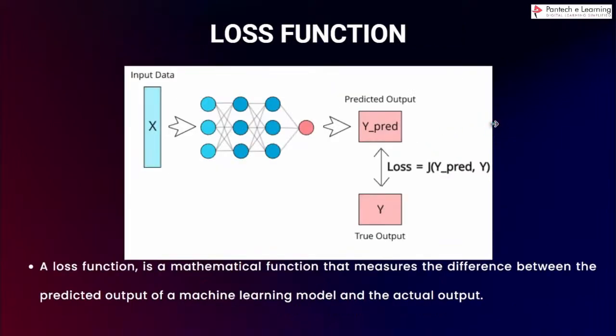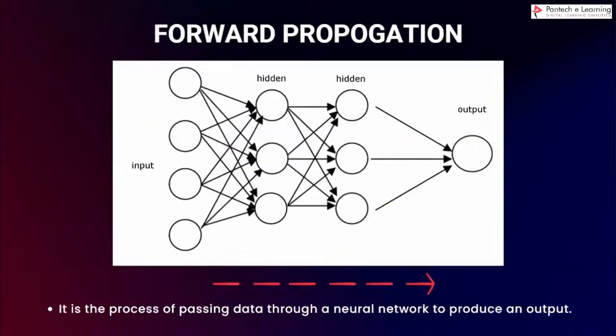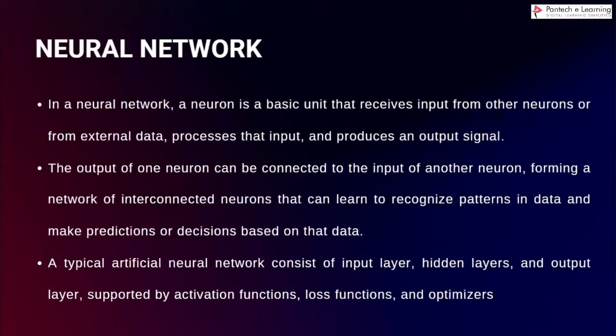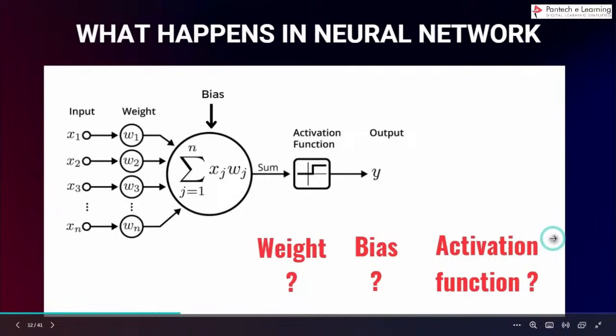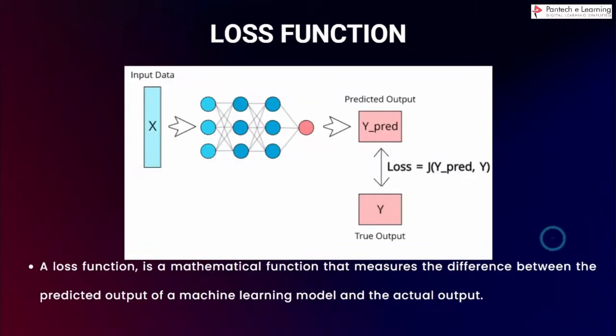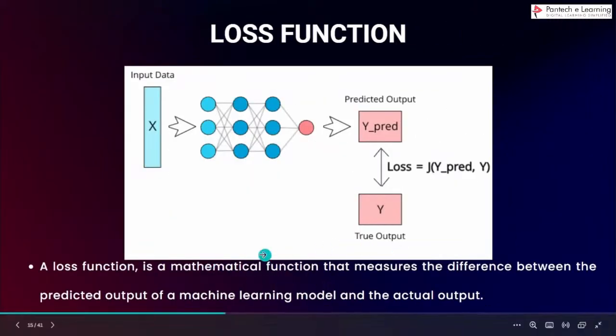And we have something known as loss function. Remember, we have seen it here. We have discussed the loss function, which is the supporting part. We have to see about loss function and optimizers. They are together. So let us see what a loss function is. A loss function is a mathematical function that measures the difference between the predicted output of a machine learning model and the actual output.